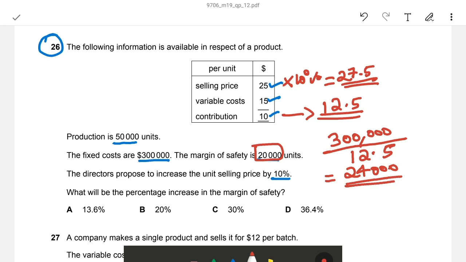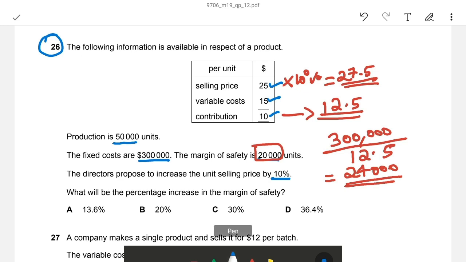So the break-even sales is 24,000 but the actual sales is 50,000.